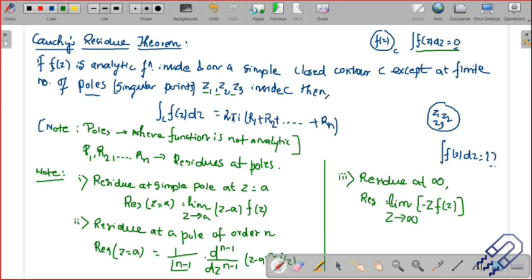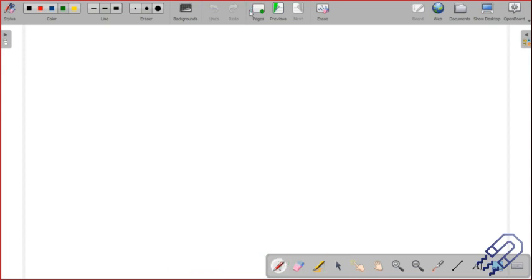It's incomplete without doing some problems. Whatever problem you can solve using Cauchy's integral theorem, which we did in the last topic, you can also solve using the Cauchy residue theorem.